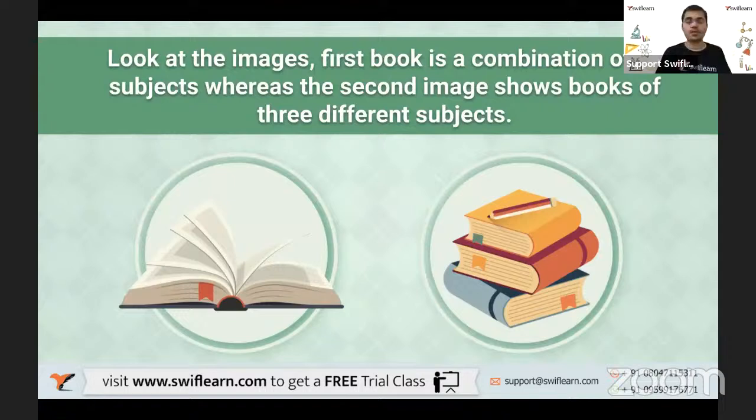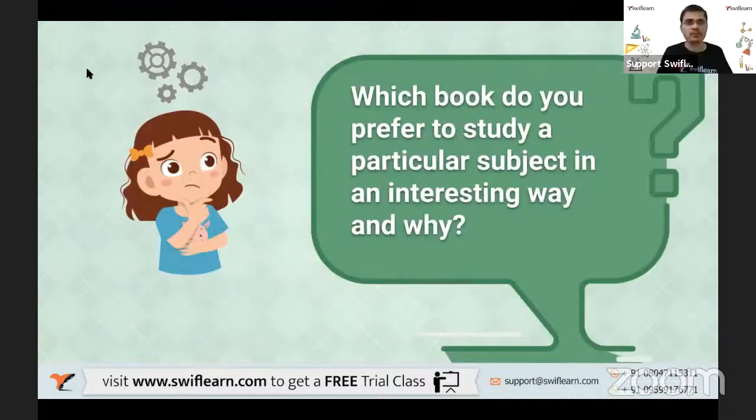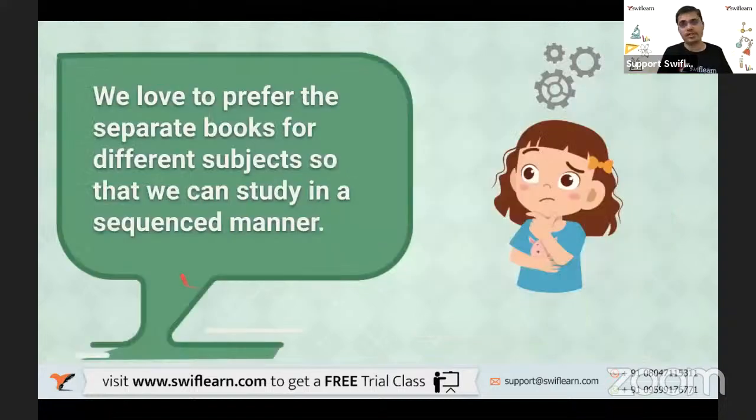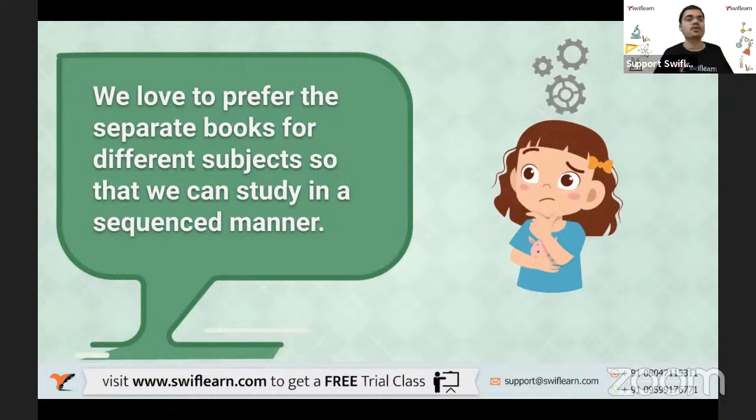Yes, those who are responding, exactly, very good. Those who want to study a particular subject will prefer a particular book. Why would they not go for a big book comprising many subjects? Because there are separate books available, and we prefer separate books for different subjects so that we can study in a sequenced manner, is it not?